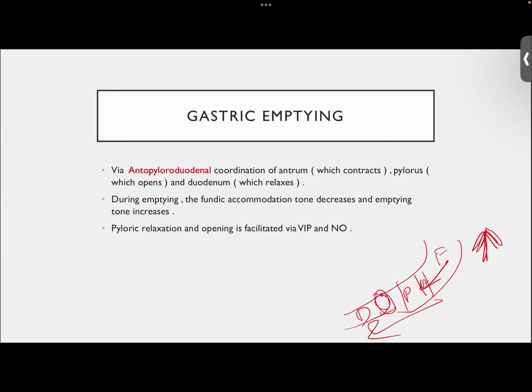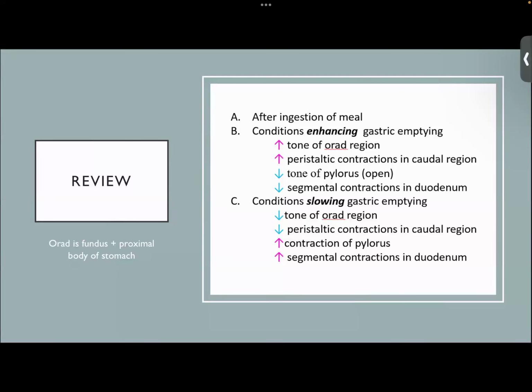The relaxation of the pyloric sphincter and the pylorus is via VIP and NO, and I've already told you these are relaxants always: nitric oxide and vasoactive intestinal peptide, right? Okay, so now we'll review real quick. How does gastric emptying happen, and what slows it down? If we have an increased tone in the orad region, the orad region is the fundus plus the proximal body of the stomach.